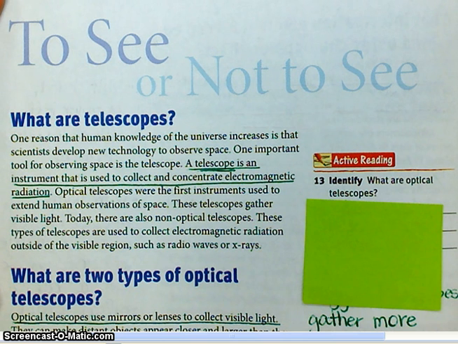But there are other types of telescopes that collect electromagnetic radiation that's not visible to us. What those telescopes do is they pick up X-ray radiation or gamma rays or radio waves or infrared rays or ultraviolet rays and collect that data.